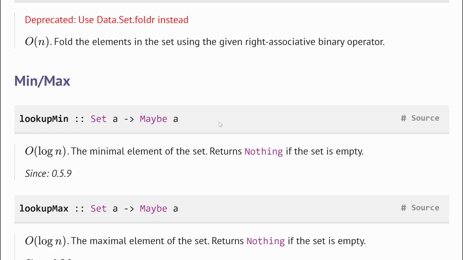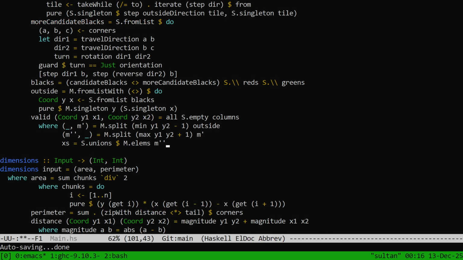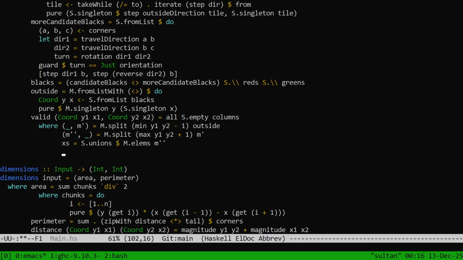But if there's nothing there, it's just easier, I think, to split the sets and then say is what I got back in the end empty or not. Split takes a key. Okay.